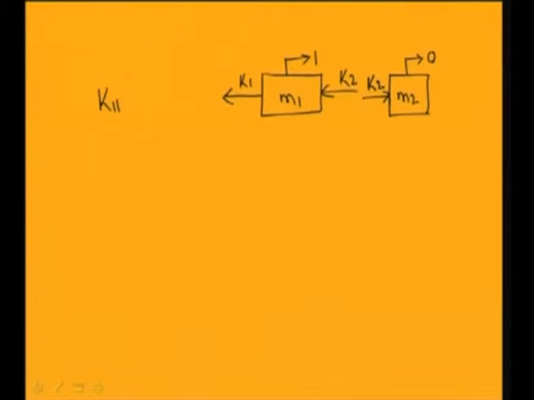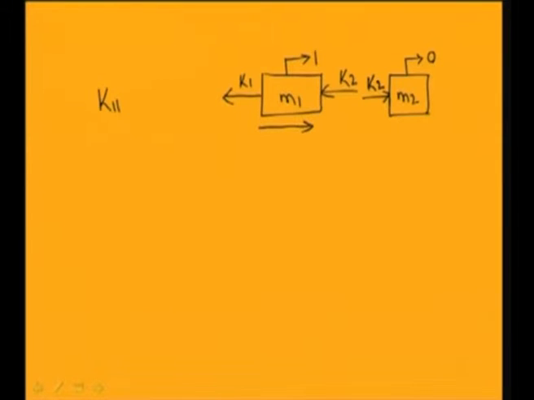Now K11 is the force required at 1 to have unit displacement at 1 and displacement 0 at 2. To have unit displacement at 1, this mass is subjected to a force K1 plus K2, so one has to apply a force K1 plus K2.